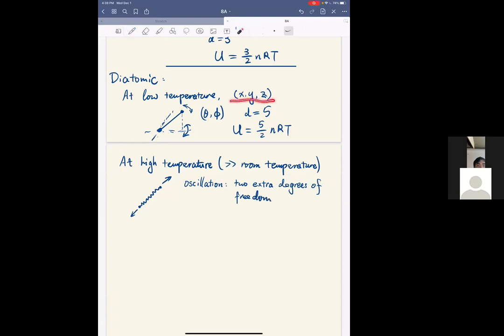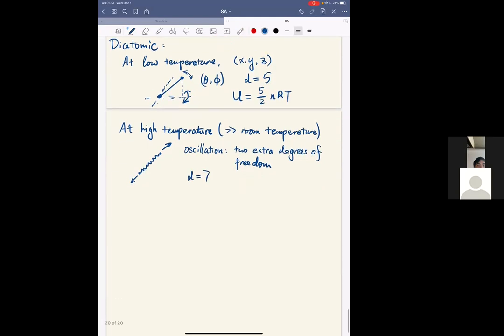Therefore, in addition to the x, y, z, and theta, phi for the low temperature case, we have to take account of 2 extra degrees of freedom. And that means d equals 7 for the diatomic molecule at high temperature. And therefore, U equals 7/2 nRT.